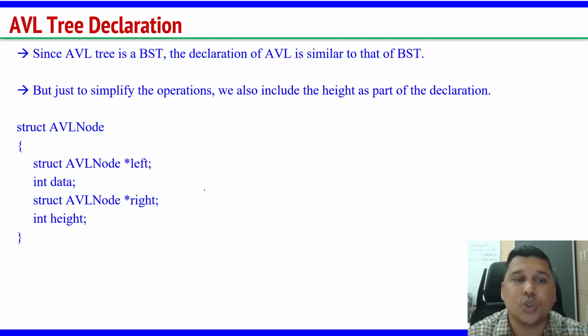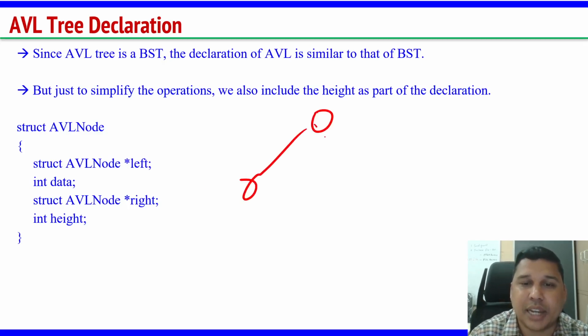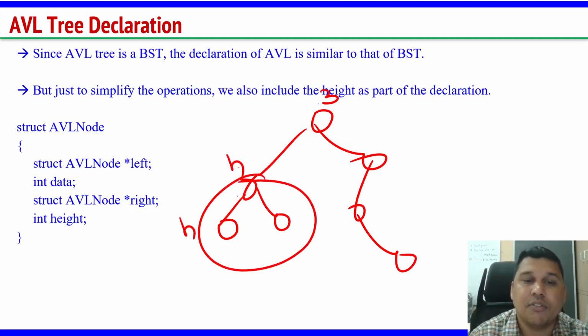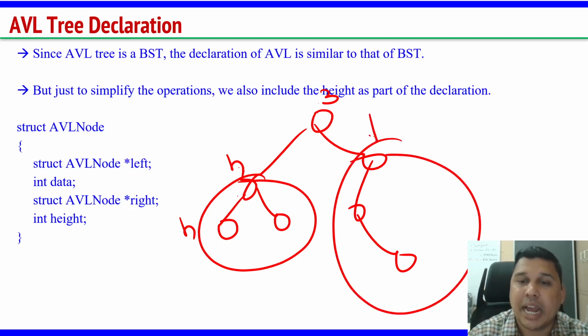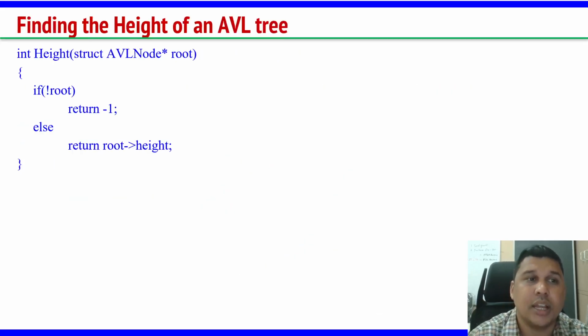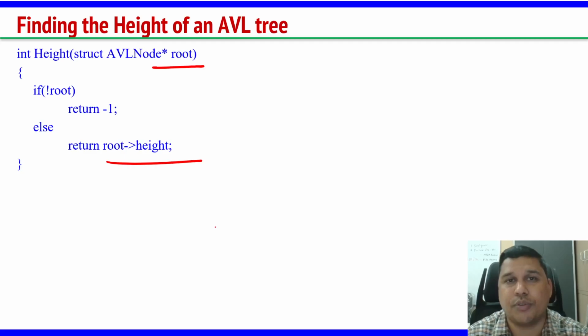We are also going to store a height value which will maintain the height of the tree at every node, meaning if I have something like this, here I will maintain the height, here also I will maintain the height. Like this we are going to store height at every node. So, this is a simple logic to find out the height. If you give the root as the input, it will give the root height as the output, by directly printing the value of a node.